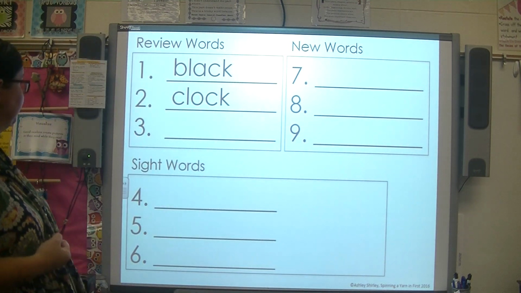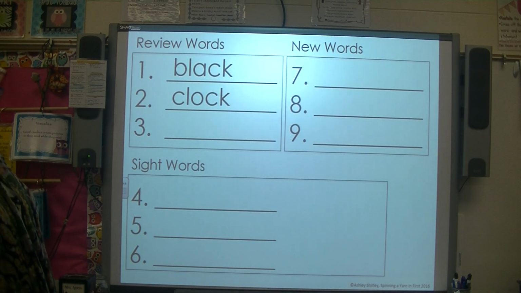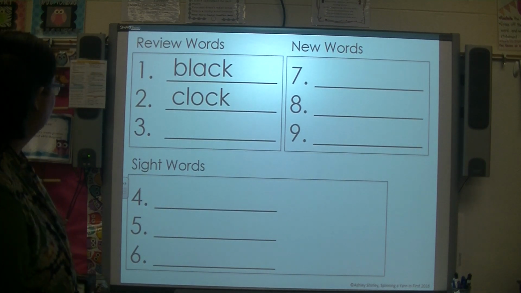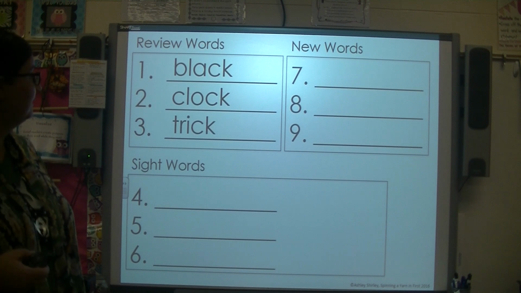Spell trick on number 3. Let's spell trick. T-R-I-C-K. CK is used because it is in the final position with the K sound.